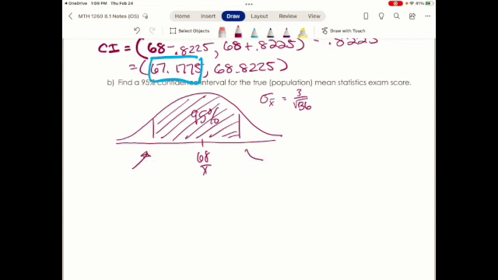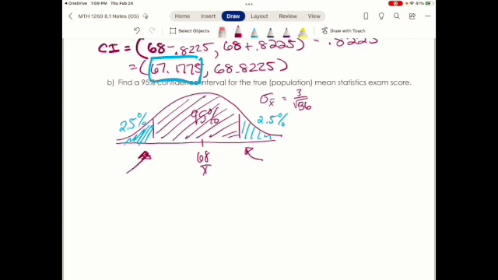Which means when I go to find my upper and lower bounds for that interval, the percentage that is in my wings is going to change. If the full graph covers 100%, then in the 2 wings, what's left over is 5%, and I have to divide it between the 2. Using symmetry, I know this is going to be 2.5%, and this will be 2.5%.